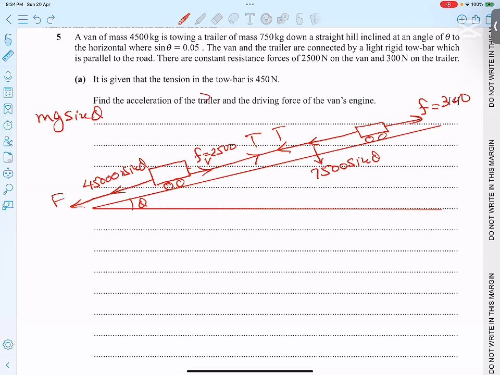Because first of all we go for acceleration, I will talk about this particle, the trailer, not the van. When I talk about this particle, because the system is moving downwards, common sense says these two forces are bigger and that one is smaller. So for the trailer, I will say net force equals to MA.